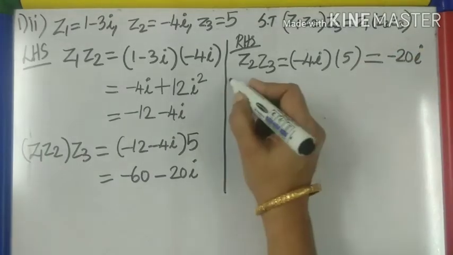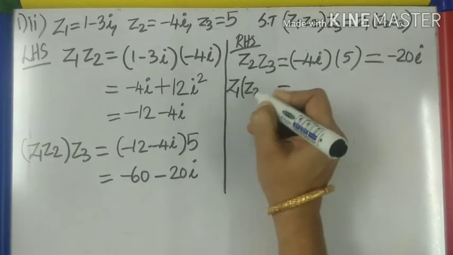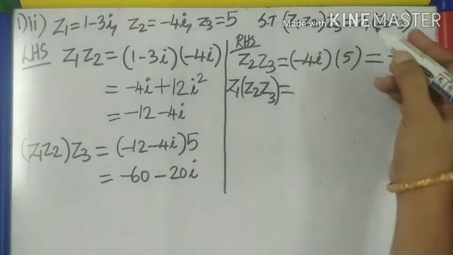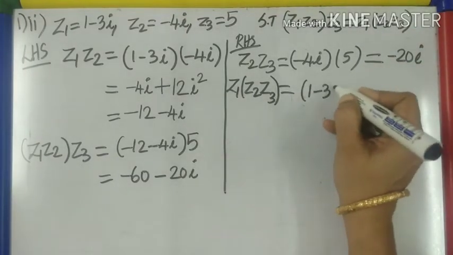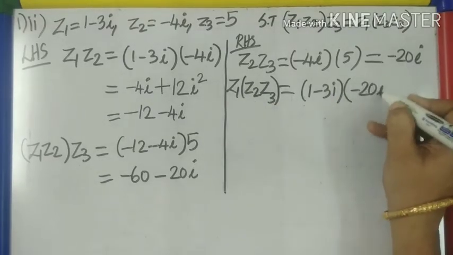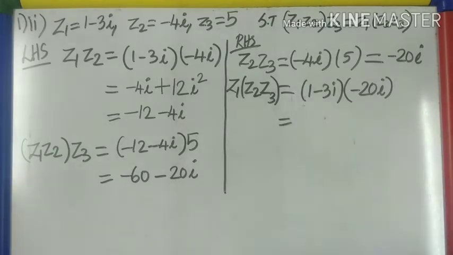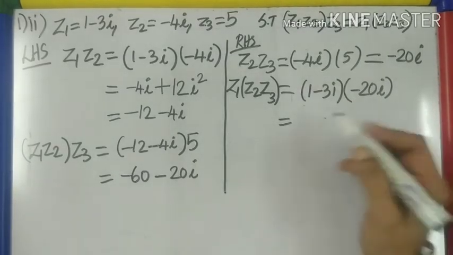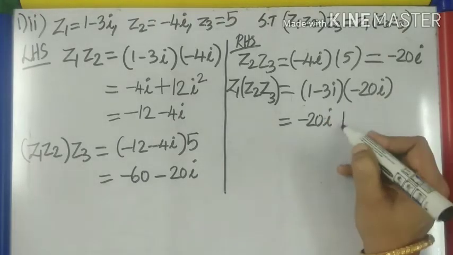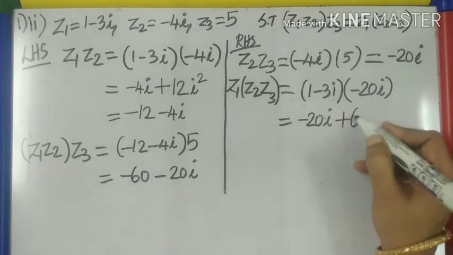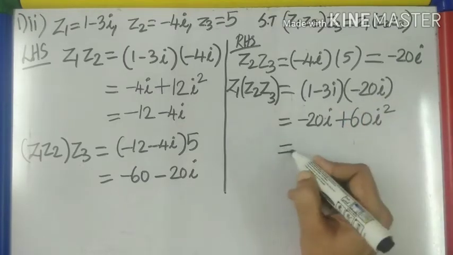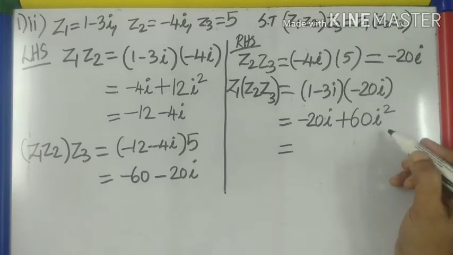And now I want to find out Z1 into (Z2 Z3). Z1 is 1 minus 3i. Z2 Z3 is minus 20i. As I multiply, 1 into minus 20i, minus 20i; minus into minus plus, 3 into 20, 60, i into i, i square. And we know i square is minus 1.